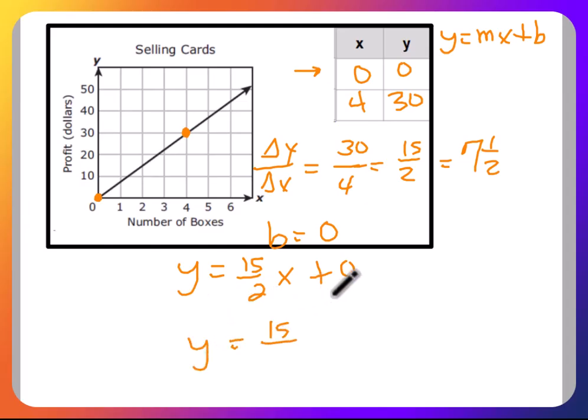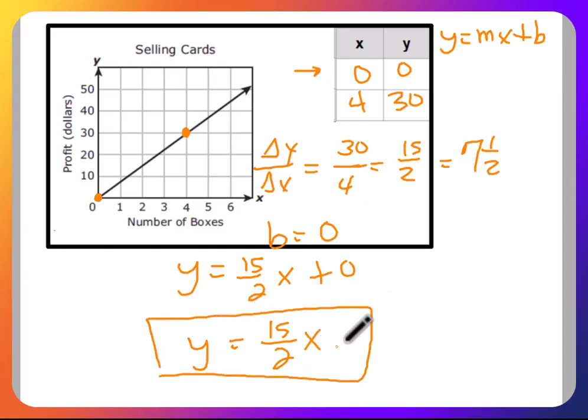I mean, yes, it tells us that the y-intercept is 0, but by not having the 0 here, doesn't it still tell you there's no y-intercept, so it's a 0, right? So really, you don't need this plus 0, just drop it off. This would be your equation, y equals 15 halves x, or y equals 7 1/2 x, or y equals 7.5x if you want to change it to a decimal.